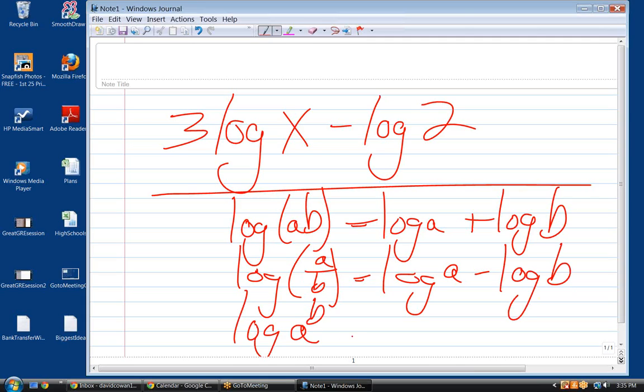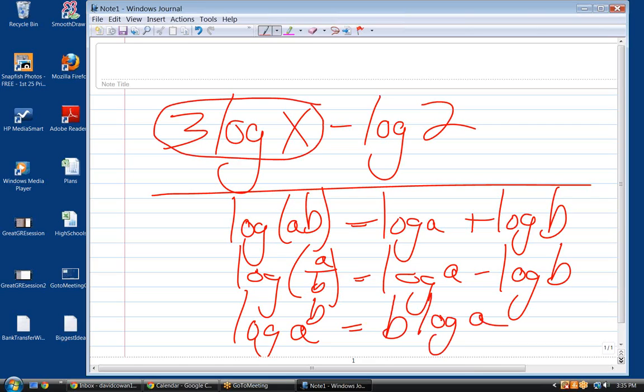And the key one is when you are exponentiating, you're going to multiply. So if I do the reverse on that, from rule number 3, what do I have? X to the third? Yeah. So this becomes this.